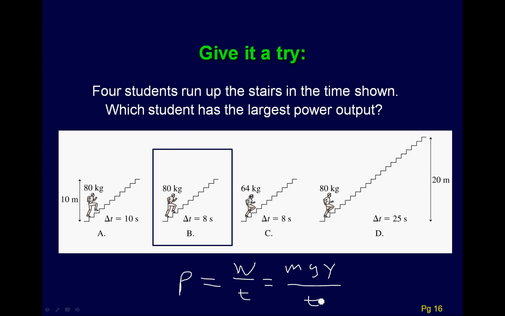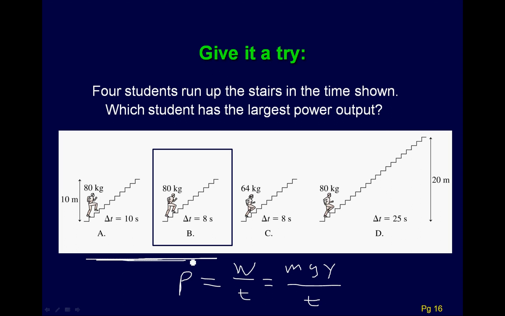So what you have to do is look at all four of these students and find mgy. For instance, you take their mass, 80 kilograms, times g, times their height. The first three people are all going a height of 10, but A and B are a little bit heavier than the 64, and so they will actually do more work.